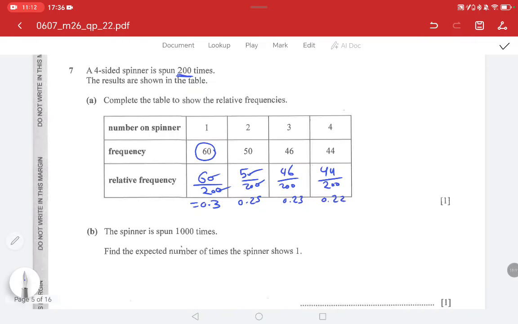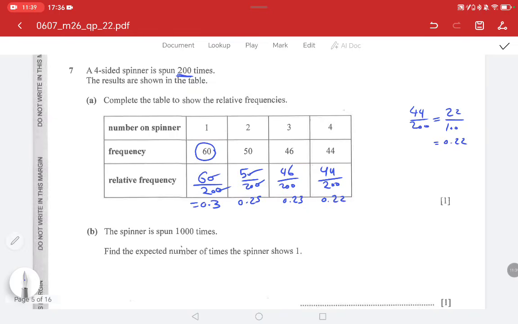To make it fast for you, because it's a non-calculator paper, let's say for example 44 over 200. How can I know this one? Just divide by 2 to make it 100. So it will be 22 over 100, which is 0.22. So make it easy for yourself to calculate without a calculator.